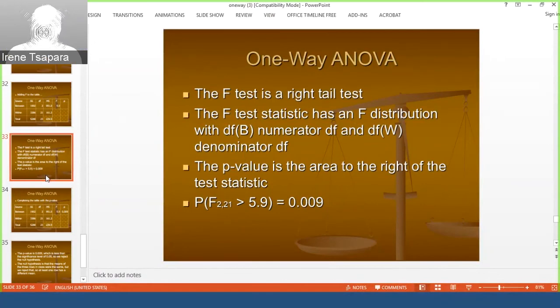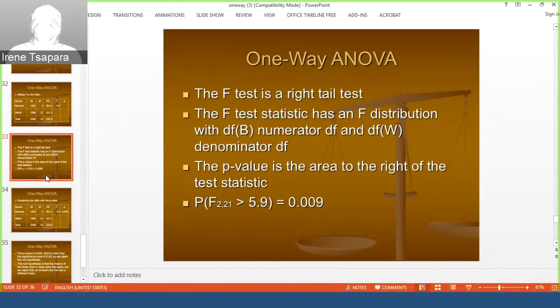If you look at the F table, it will correspond to the numerator of the F test and to the denominator of the F test. When we run the test, the way that we run it is exactly the same as we have done before. So we are comparing the p-value of the area to the right of the test statistic.